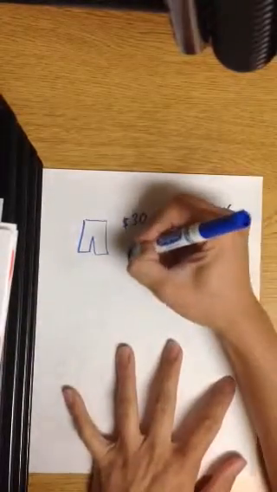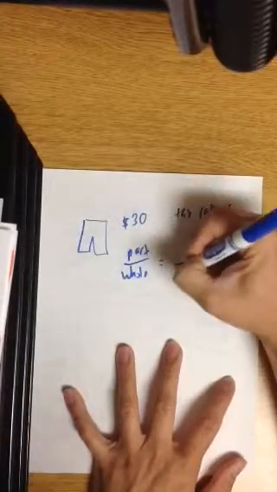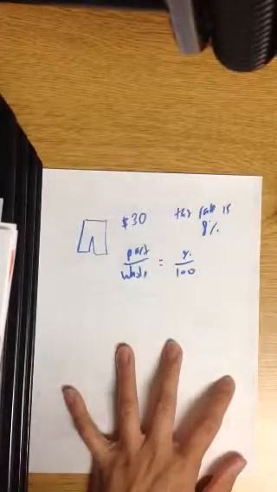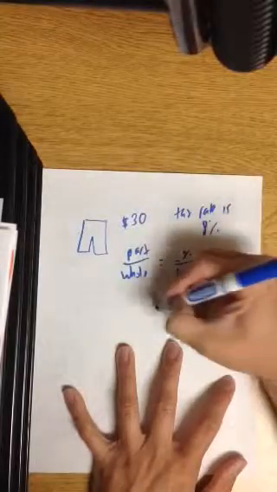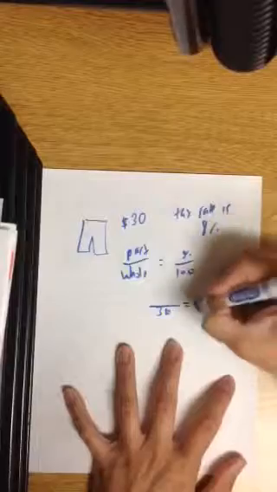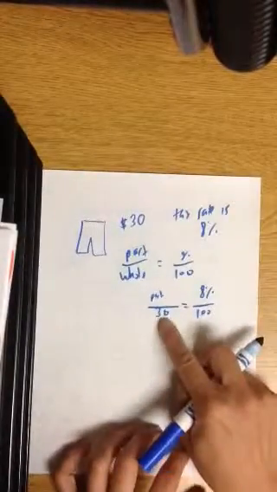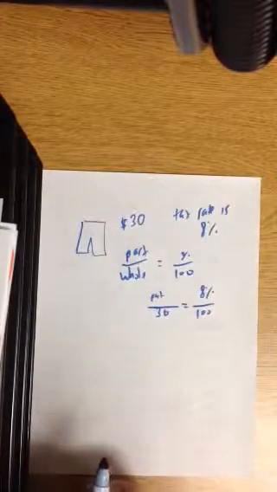All right, so we have part over whole equals percent over 100. $30 is the whole price, the percent is 8%, and 100 goes there. How many 30s go into 100?